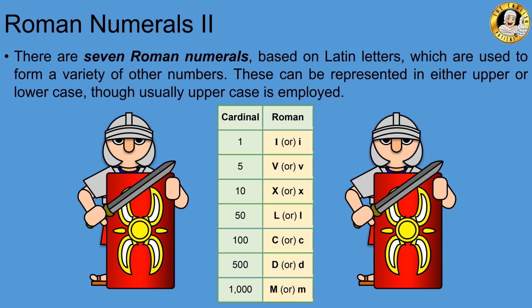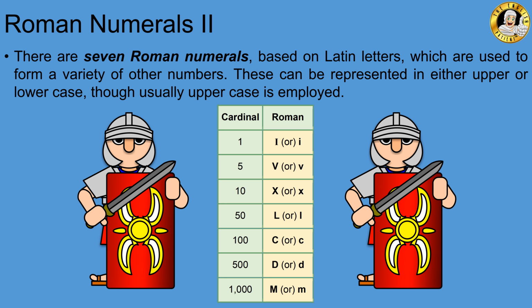We just took the old Roman language and made it work for us. These can be used in uppercase, meaning capital letters, or in lowercase. Usually they're used in uppercase, but they can be done in both.